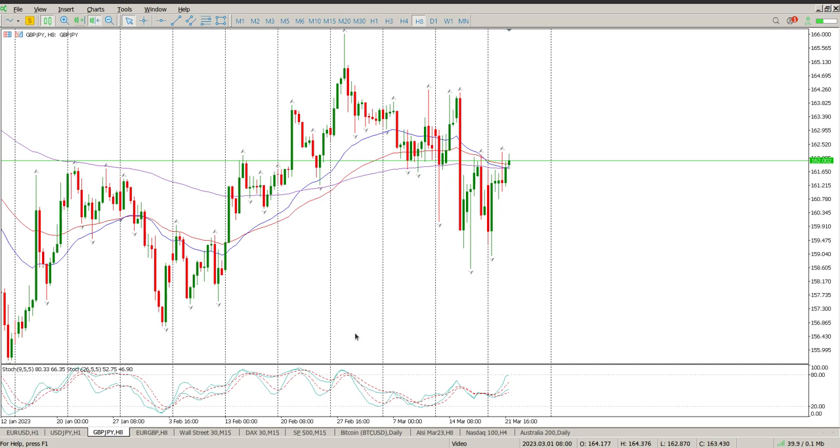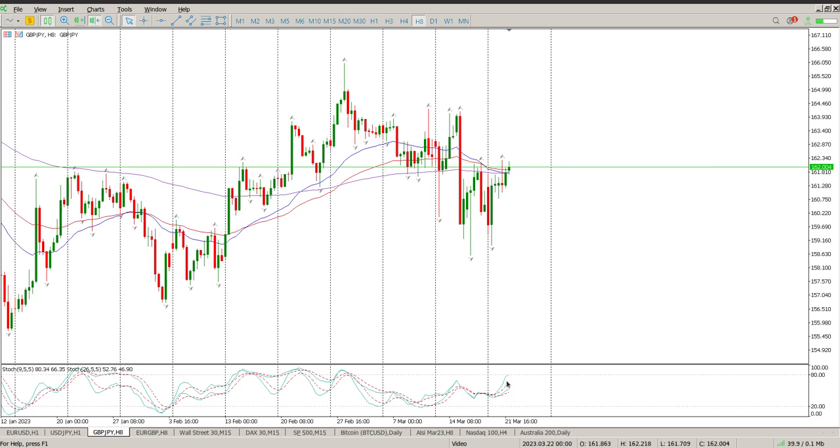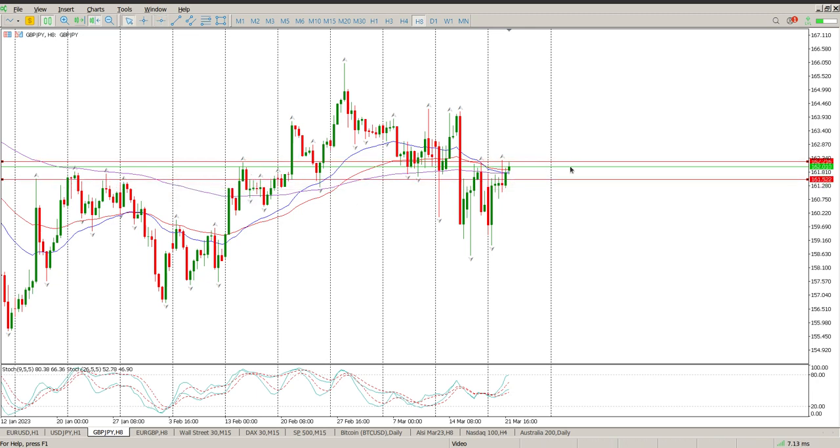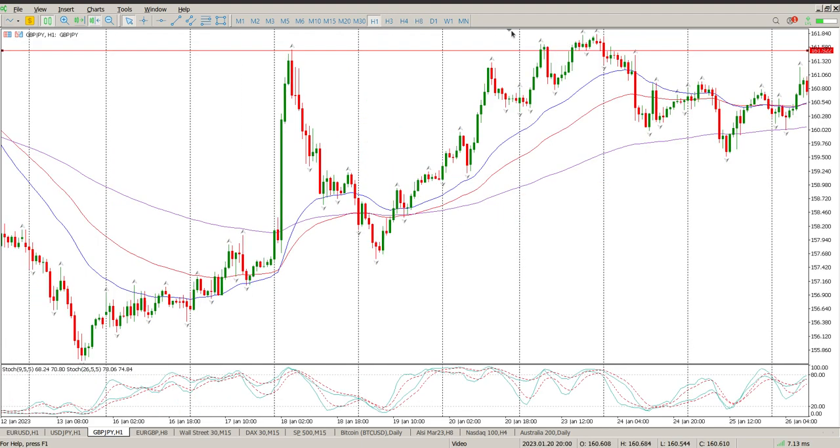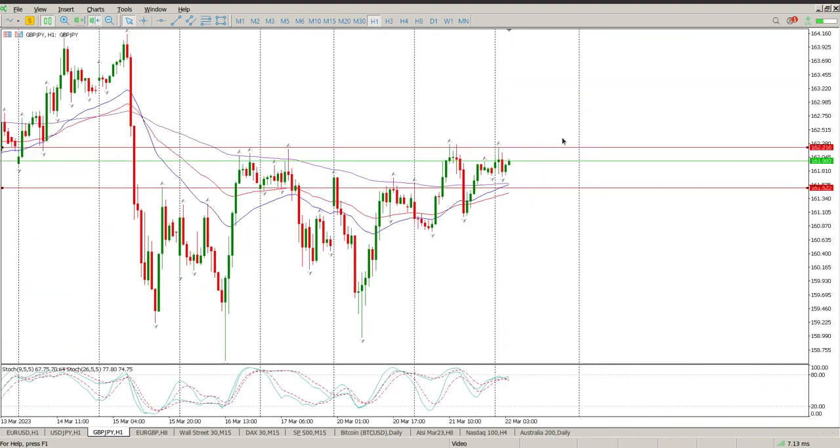Moving on to British pound Japanese yen, and yeah, chaos still continues. Oscillators are separating and not crossing over yet, but they are separating. We do have a fairly strong zone of resistance here. All the moving averages are grouped together, not really trending on the 8 hour, and if you look at it on the 1 hour, you're looking for a move to the upside.